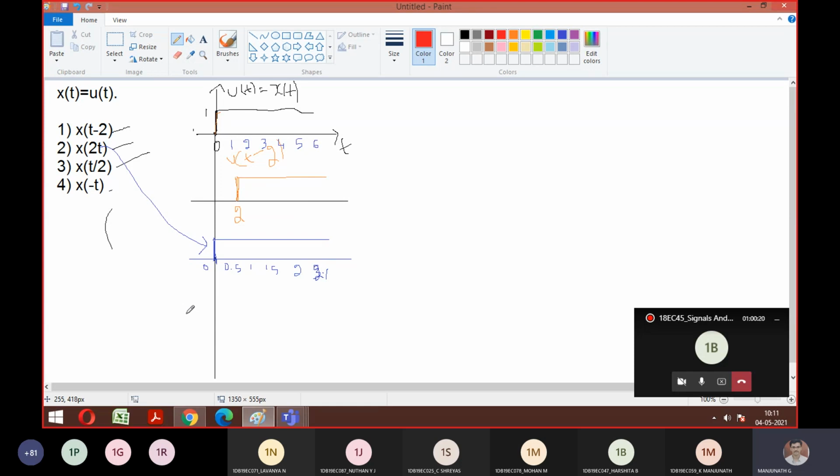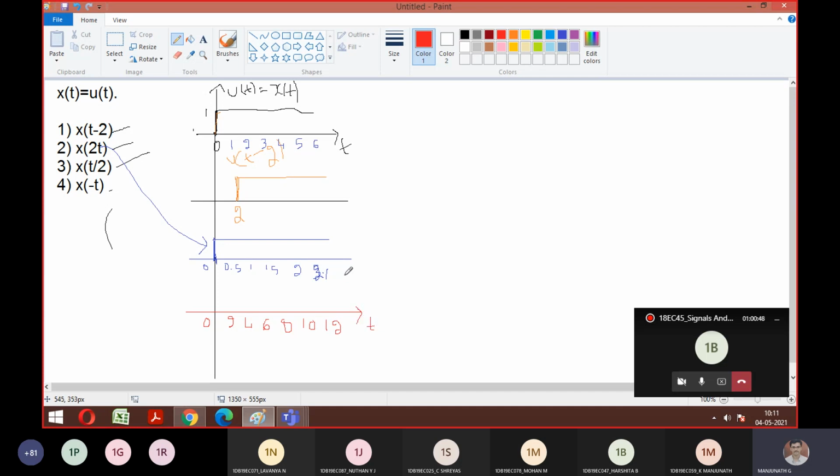T by 2 and then draw. Multiply by 2. So again you have to keep increasing the values, the x-axis: 0 then 2, 4, 6, 8, 10, 12. Depending upon how many samples you have taken, this x-axis will tell you what you have done clearly.